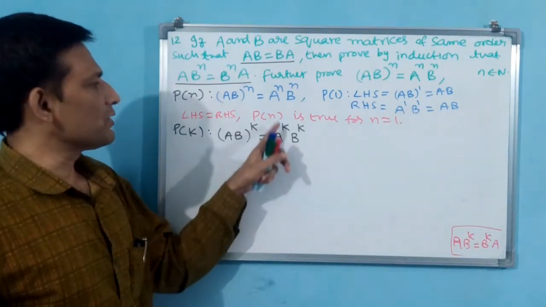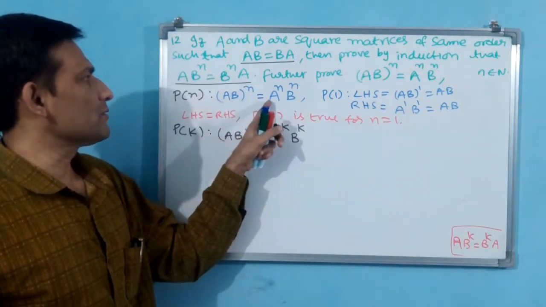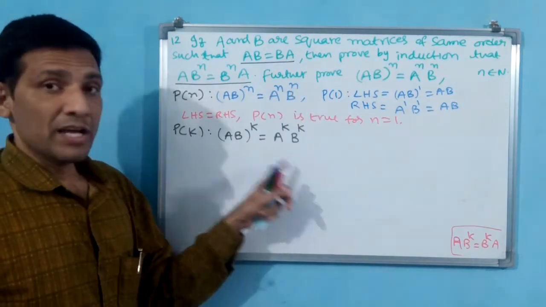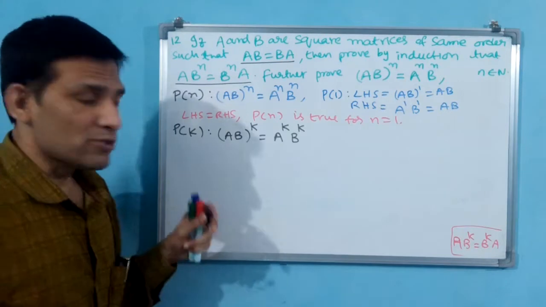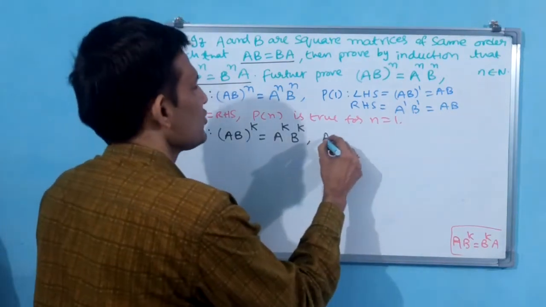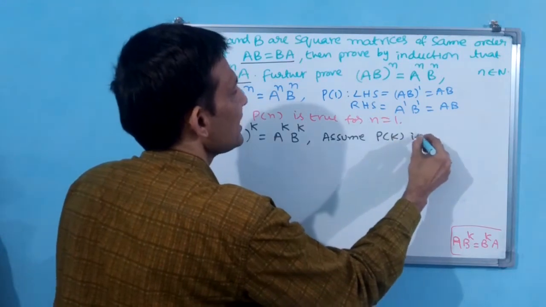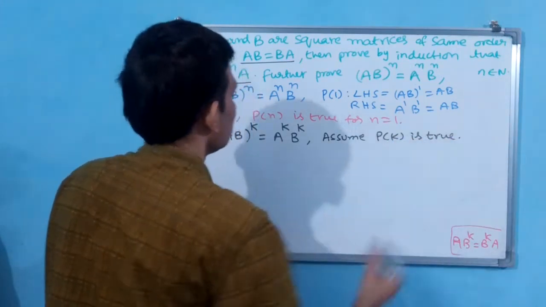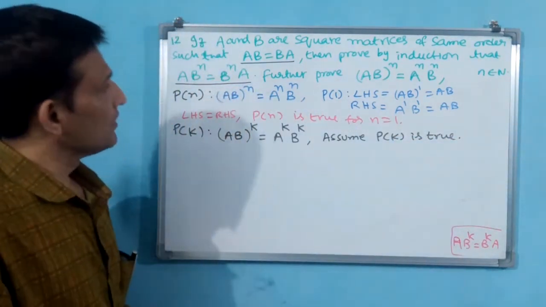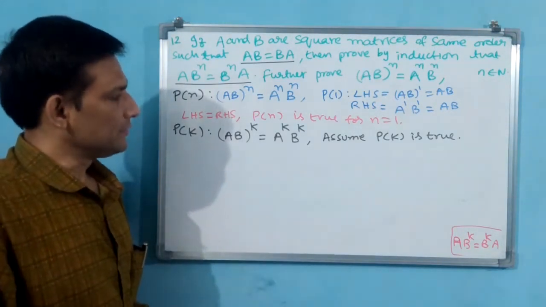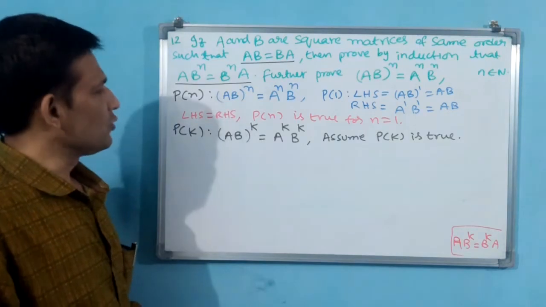Okay, like that you have to take. You have to assume this as true. Write down: assume P of k is true. Is it okay? You have to assume this as true. That's all. Okay, we have assumed.